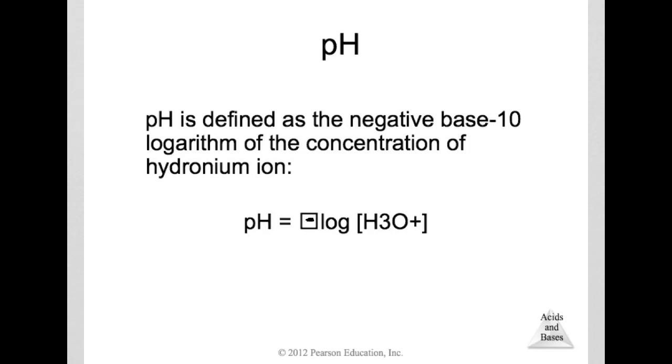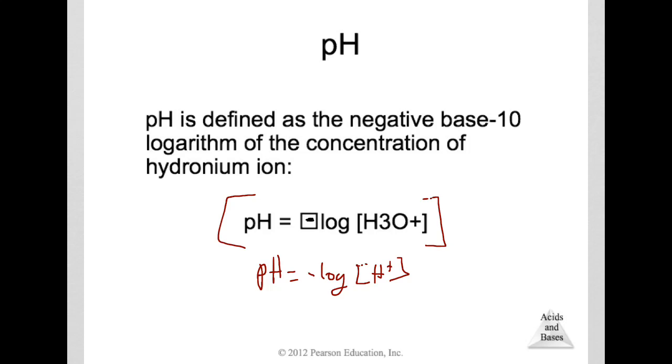And again, that's not what Soren Sorensen actually said. He said it's the negative log of the activity, and that we deal with later. Again, concentration is close enough for our work right now. Why did he do this?